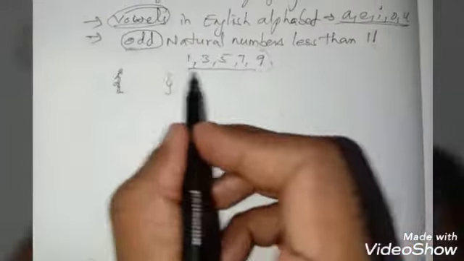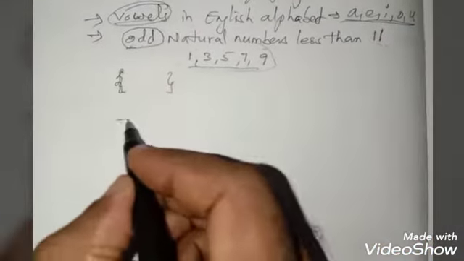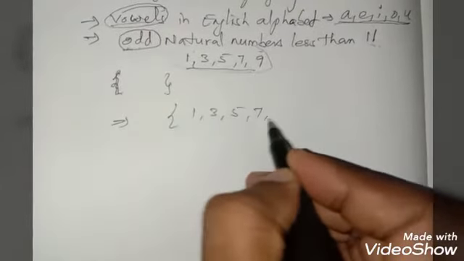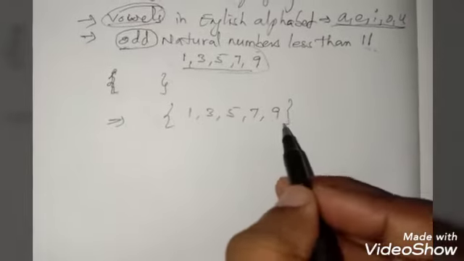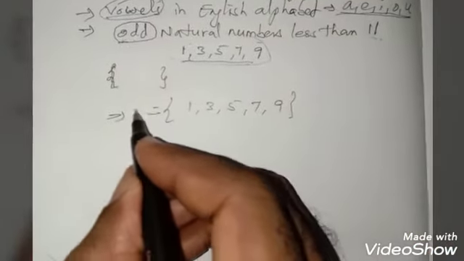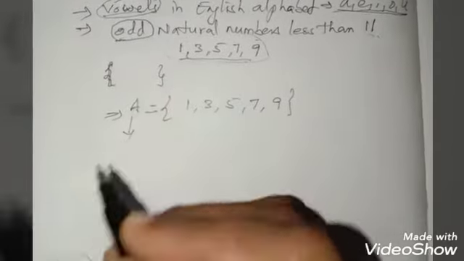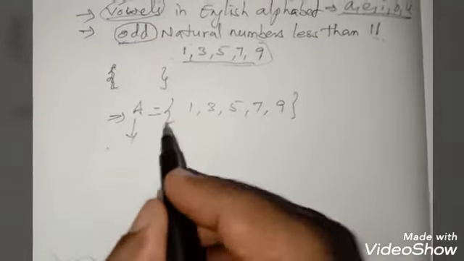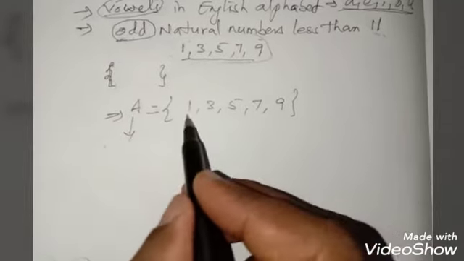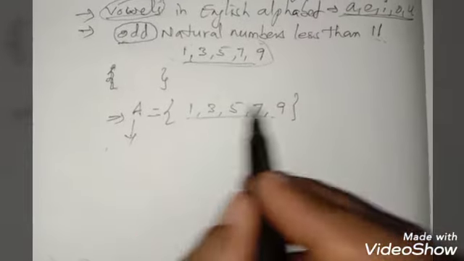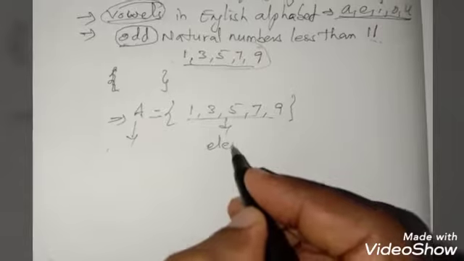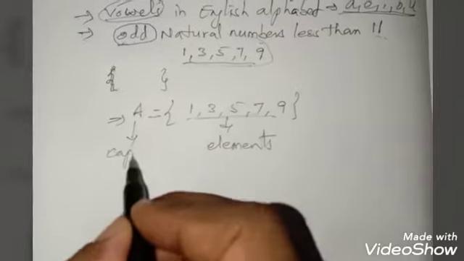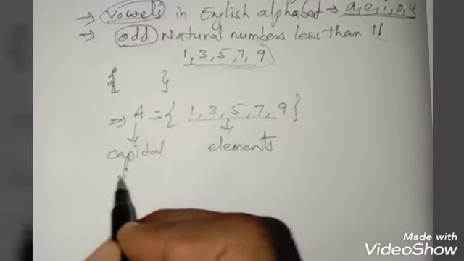If I write 1, 3, 5, 7, 9 in flower brackets, ending with a flower bracket, we denote this complete set as capital A. Any set is denoted by a capital letter, and the numbers inside the flower brackets are called elements, and this capital letter is defined as the set.